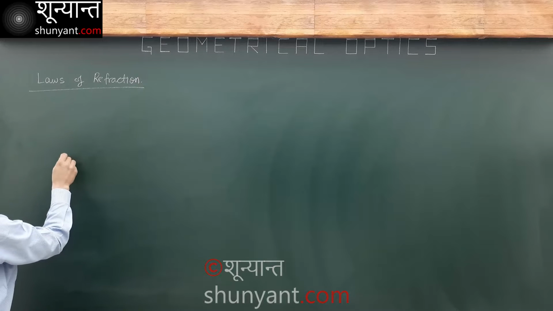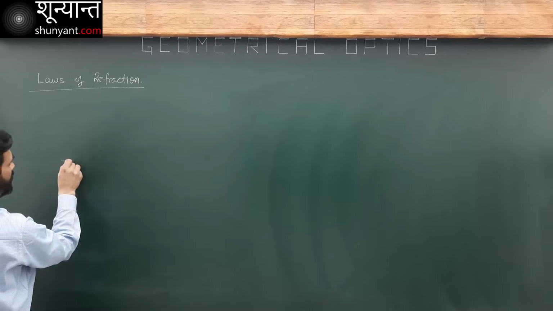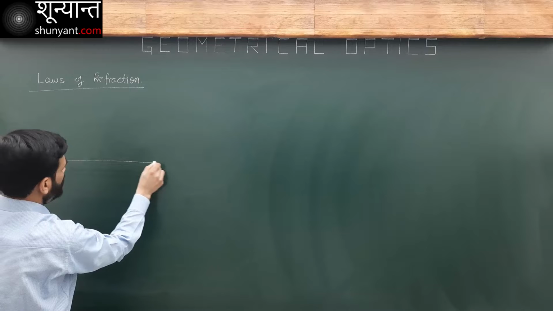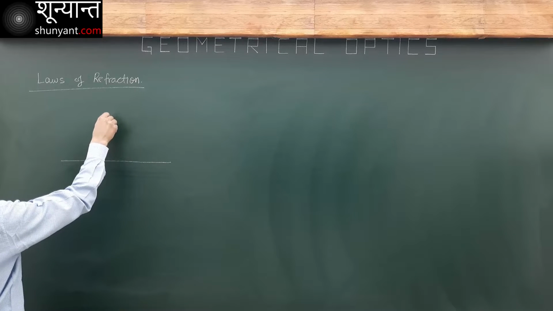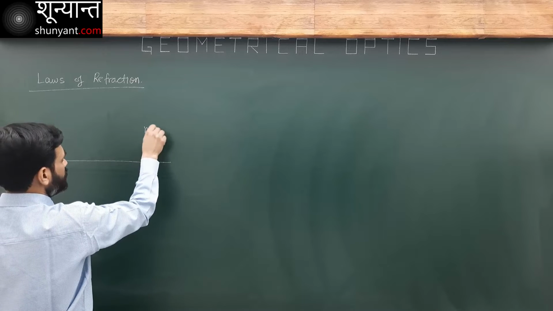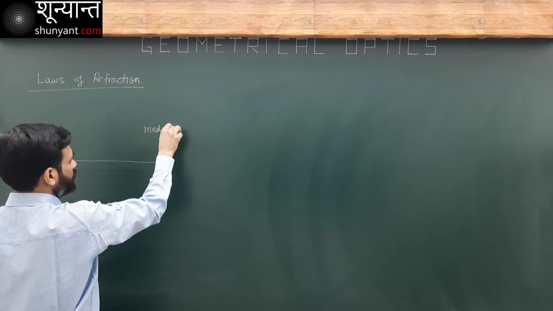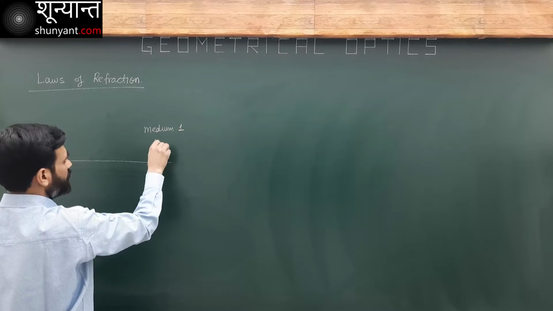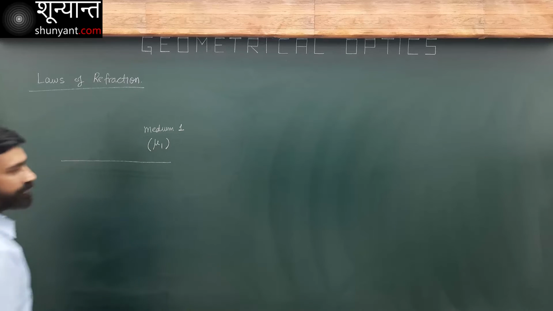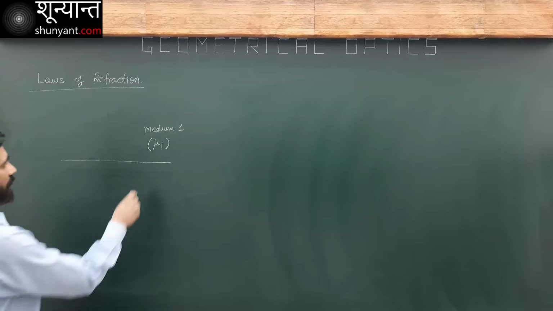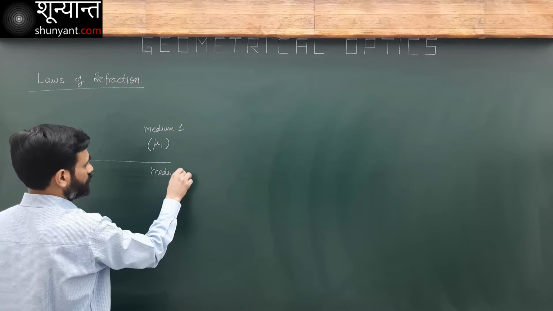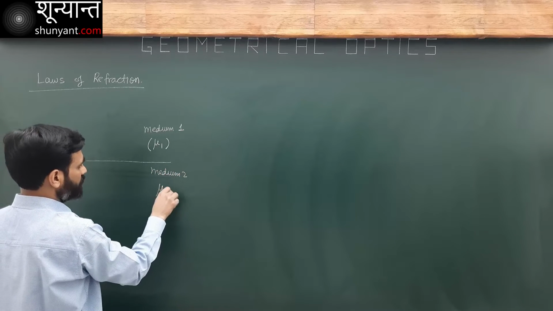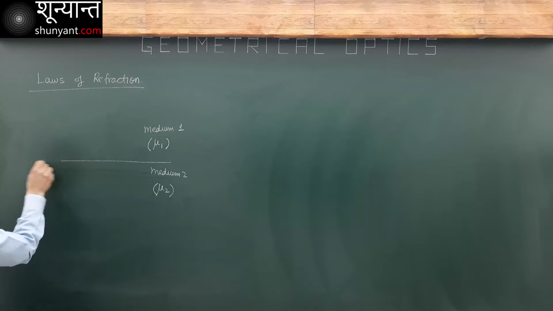Let's say that I have these two mediums. This is medium 1, its refractive index is mu1. And I have this medium 2, refractive index is mu2. And this is the interface.